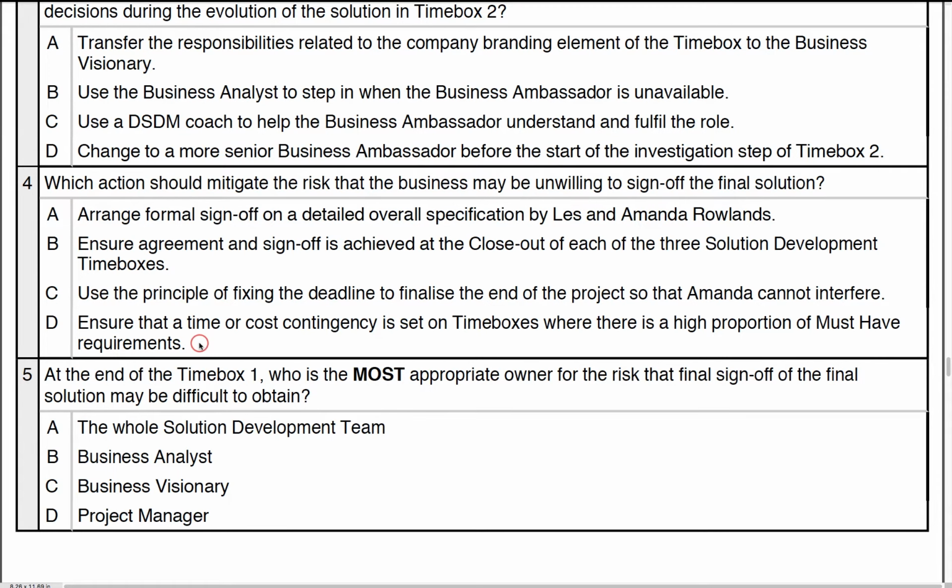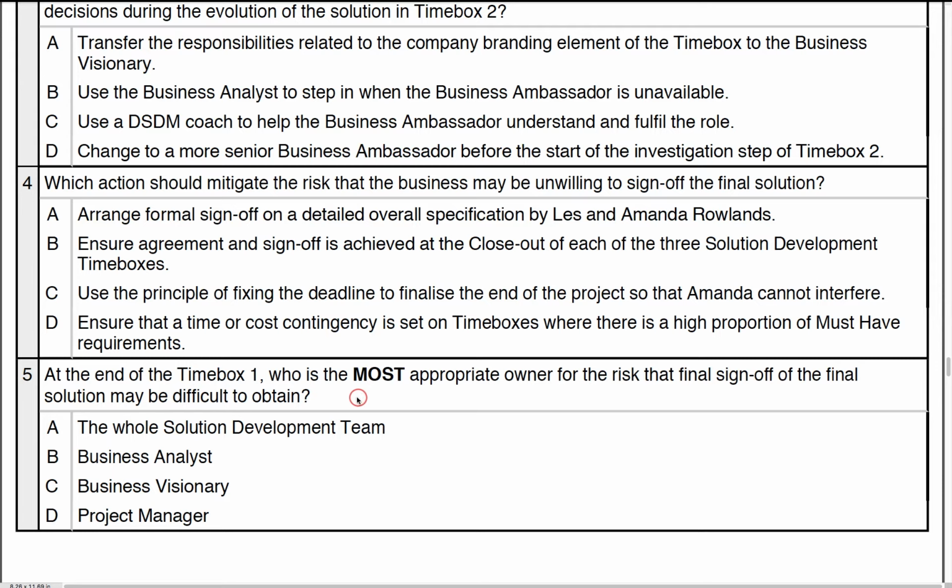Right, finally, last question, 5. Engage time box 1. Who is the most appropriate owner of the risk that the final sign-off might be difficult to obtain? So who do you think would have the most clout to get final sign-off from Les, who's got Amanda chasing behind him, whereas Les is the sponsor.